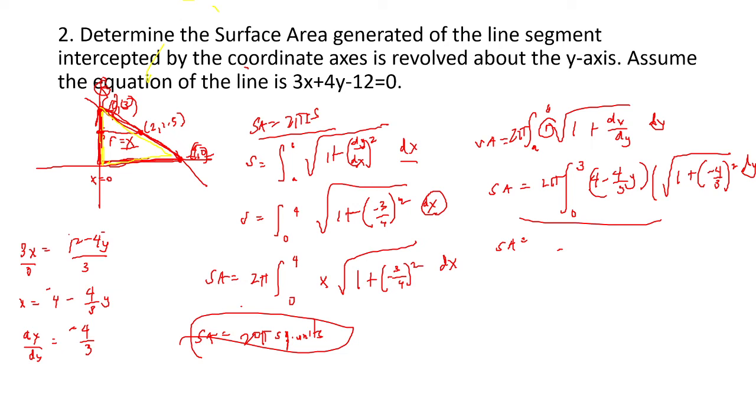Oh, it takes long. There it is. 20 pi square units. So, if you solve either way, you will still get the same result.